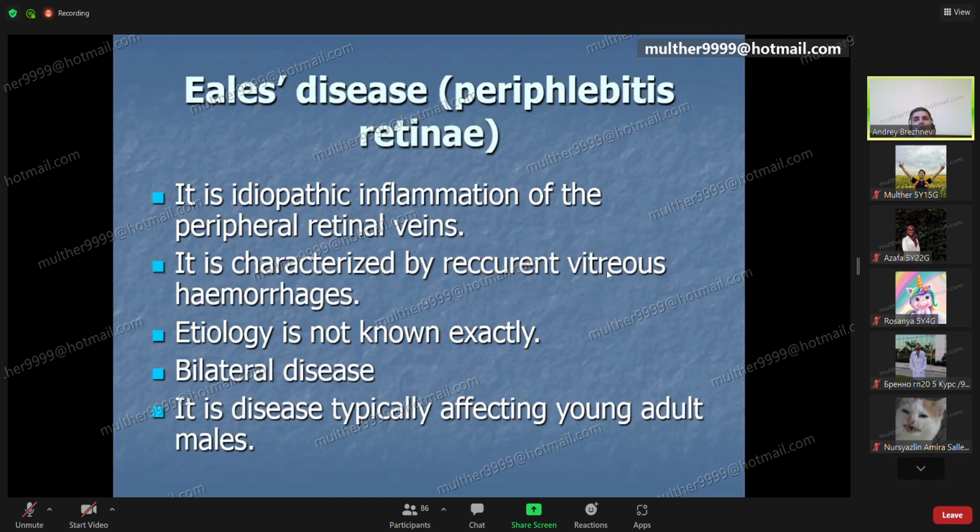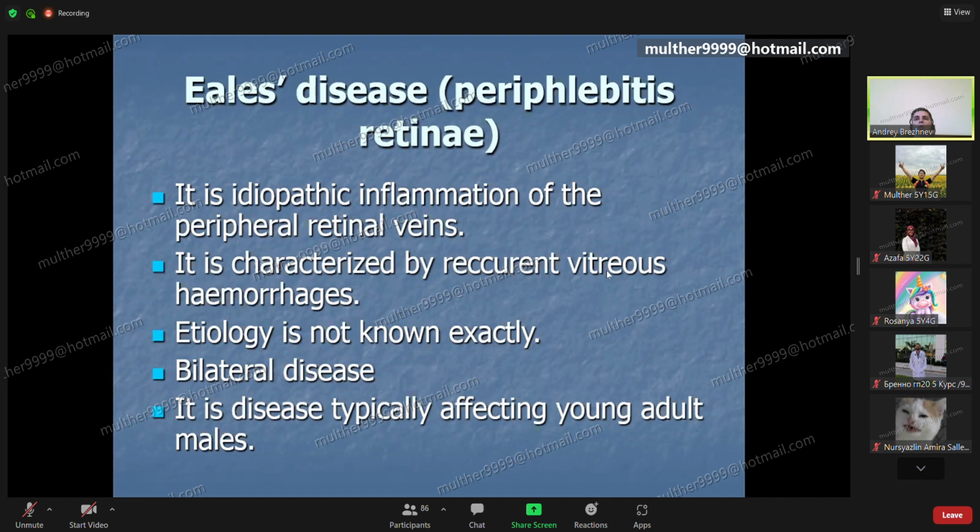Etiology, unfortunately, is not known exactly. It is a bilateral disease, typically affecting young adult males. The common presenting symptoms are sudden appearance of floaters, black spots in front of the eye, or painless loss of vision due to vitreous hemorrhage.